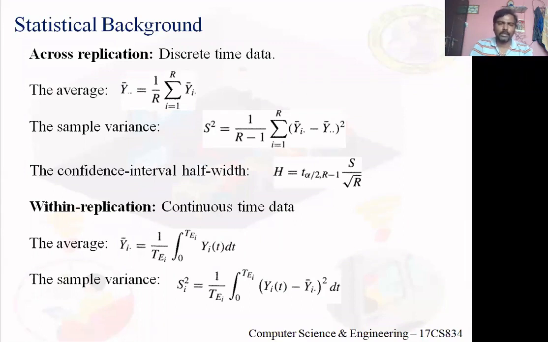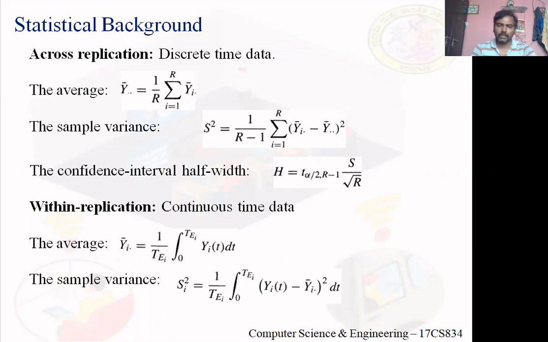Got it? Okay. Now, for an ith run, the average number of parts in a factory is represented by the same expression, same mean, that is yi bar equals 1 by ti integration of 0 to ti yi of t dt. And sample variance, you know how to compute sample variance, right?